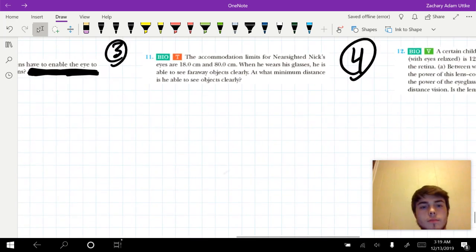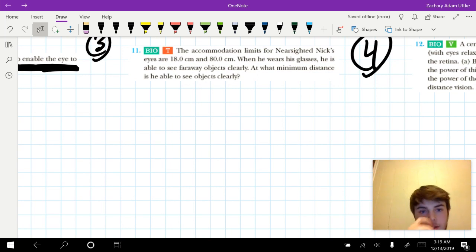Next. So the accommodation limits for nearsighted Nick's eyes are 18 centimeters and 80 centimeters. When he wears his glasses, he is able to see faraway objects. At what minimum distance is he able to see objects clearly? Okay, so let's begin with what these are. We're talking about nearsighted Nick's eyes, so that's important.